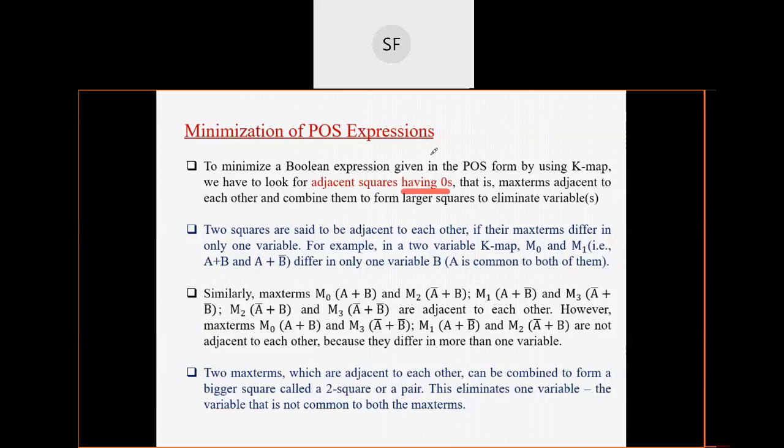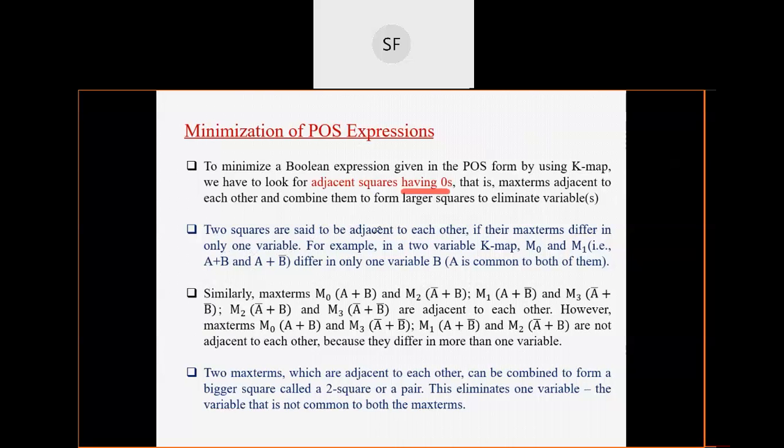In SOP, we were observing the adjacent squares which are having ones. Okay, that is max terms adjacent to each other, and combine them to form larger squares to eliminate the variables. ठीक है, आप देखोगे जीरो कहाँ कहाँ पे है, and if possible we will combine them in order to eliminate variables. Two squares are said to be adjacent to each other if their max terms differ only by one variable. Again, same definition, we have already seen that.